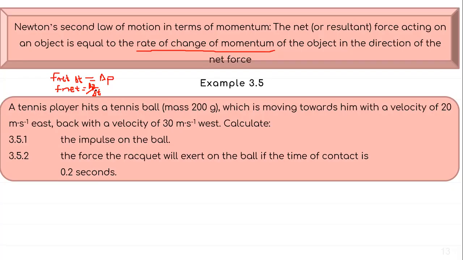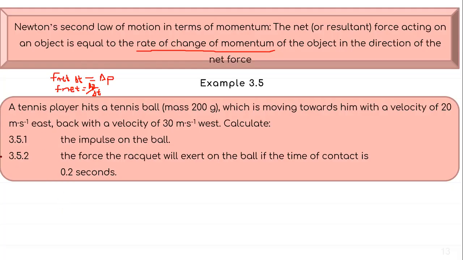The net force is not equal to the change in momentum. You can see that it's change in momentum divided by change in time. So it's the rate of change of momentum. So Newton's second law of motion in terms of momentum says the net force acting on an object is equal to the rate of change of momentum.